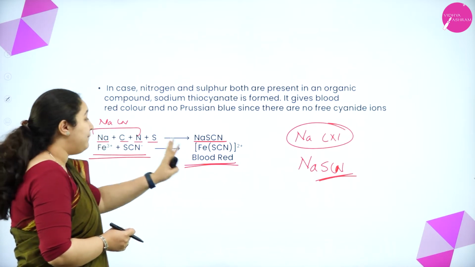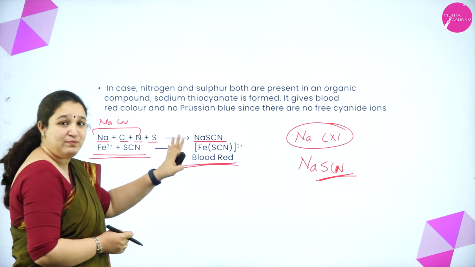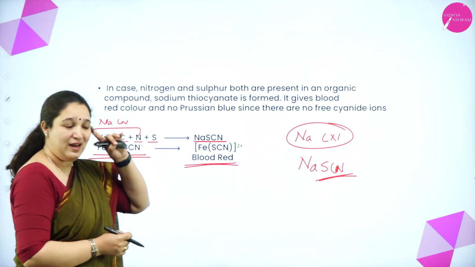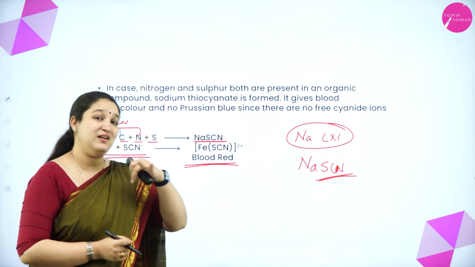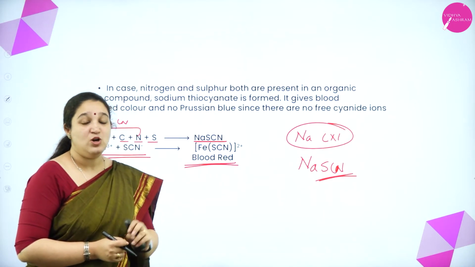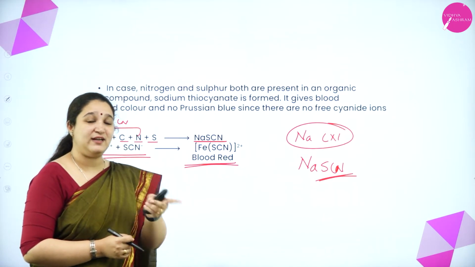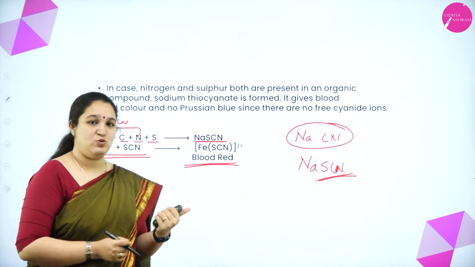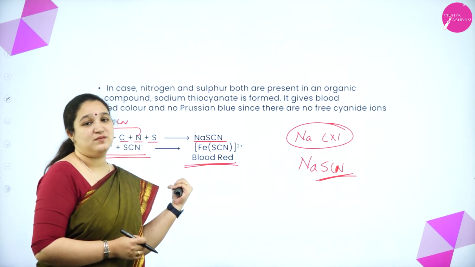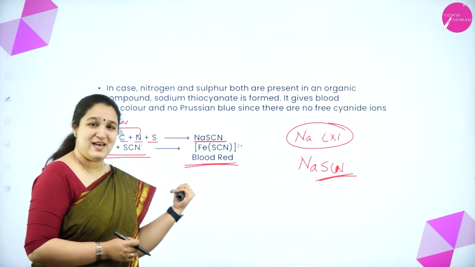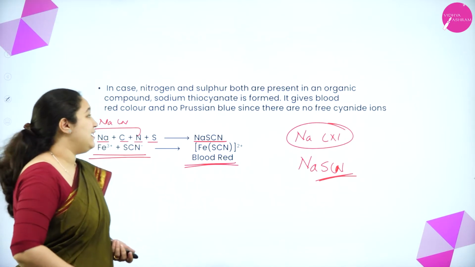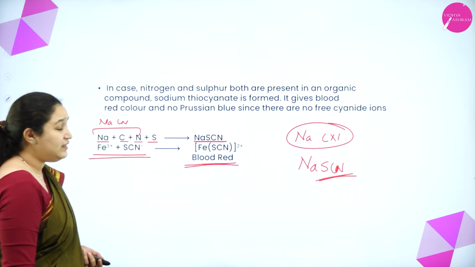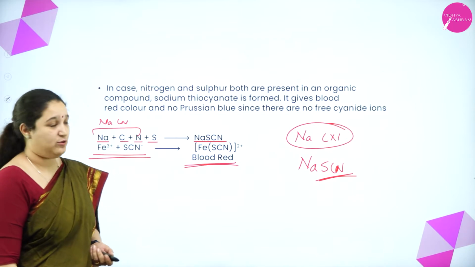You will get blood red color. So if you get blood red color, you should think that not only nitrogen is present, sulfur is also present. So two elements you can detect with one test, using acidified ferrous sulfate. So that's about the detection of sulfur and nitrogen.